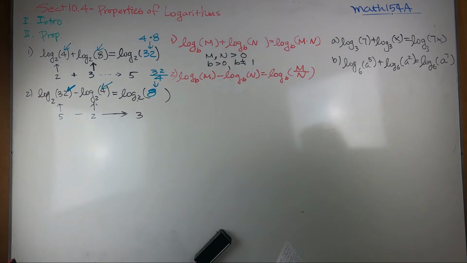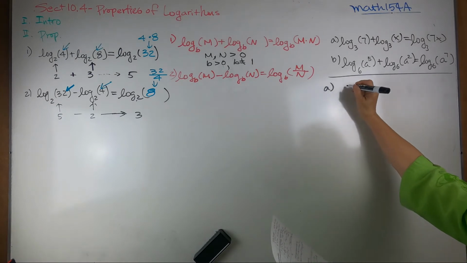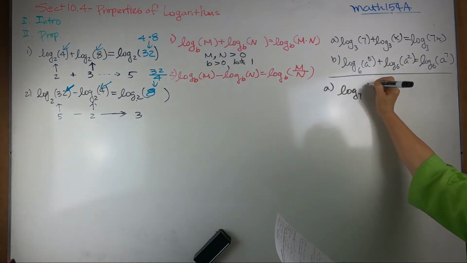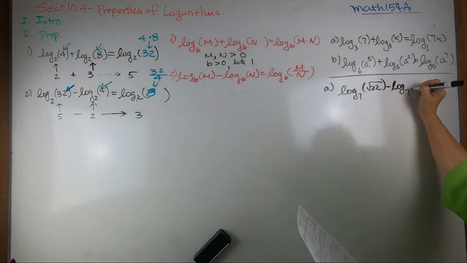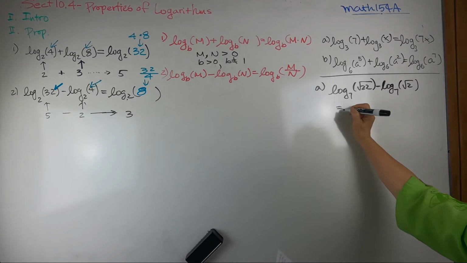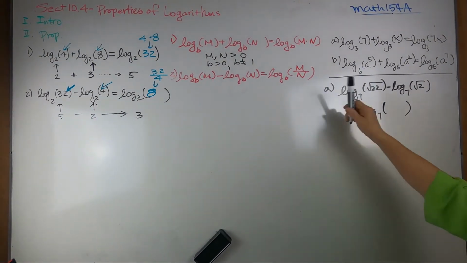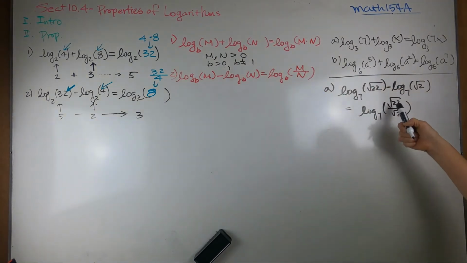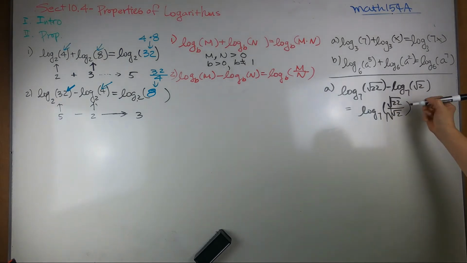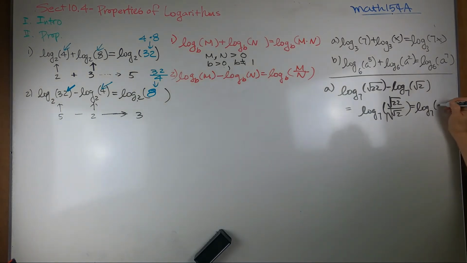Let's see some examples. We have log base 7 of the square root of 22 minus log base 7 of the square root of 2. What do you think? For one base, we need to divide the inside. Then you simplify this. 22 divided by 2 is what? 11.